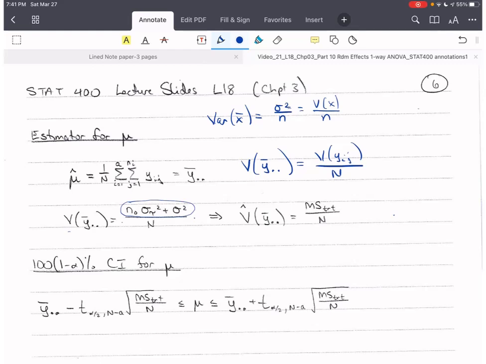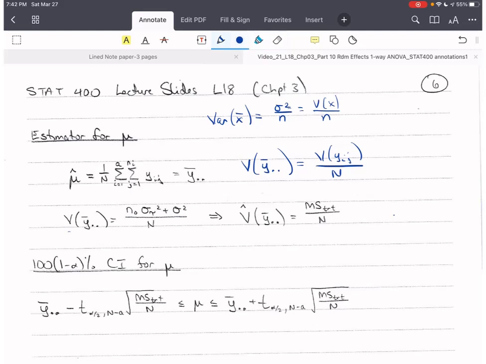And this can be estimated with MSTRT. If you remember, this is estimated by the MS treatment. Now be careful with the notation.